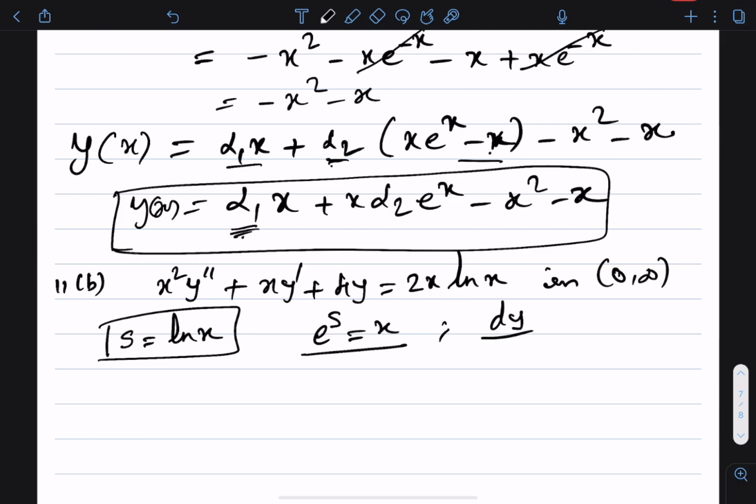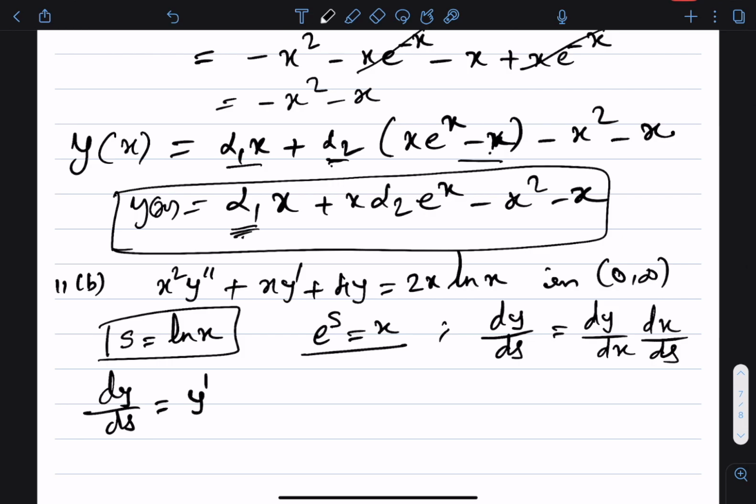So dy by ds can be thought of as dy by dx times dx by ds. So dy by ds is y prime times dx by ds, where prime is the derivative with respect to the x variable, and dx by ds is e power s, which is x, right?